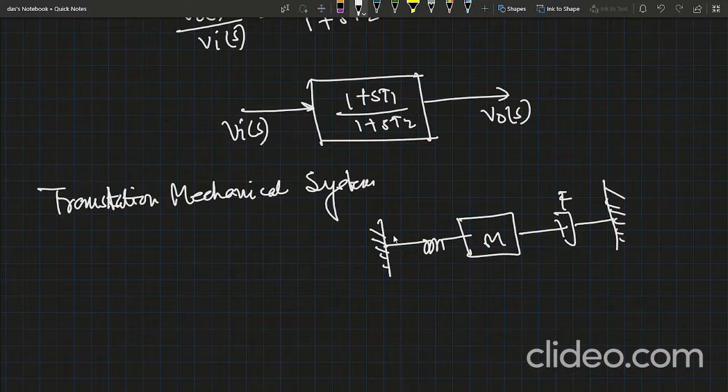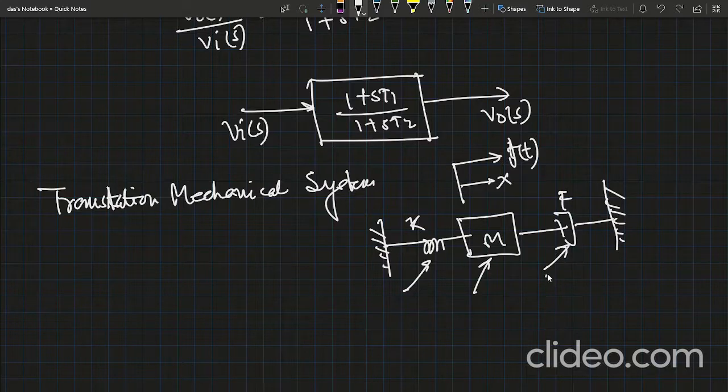The spring constant is K, the applied force is f(t), and the displacement is x. This is a mass M, and this is a damping coefficient, or damper, for this particular media.